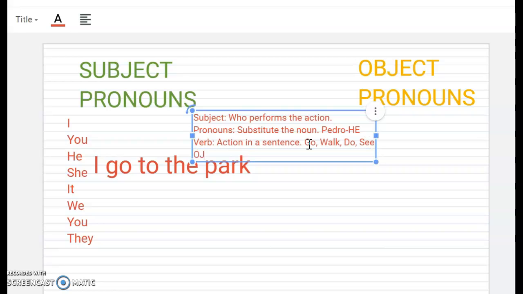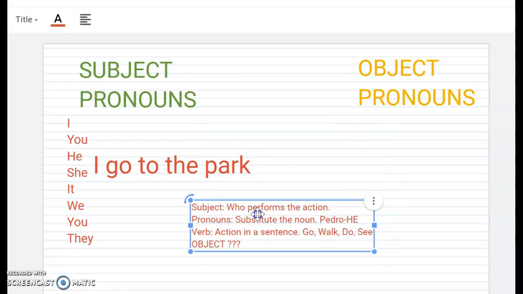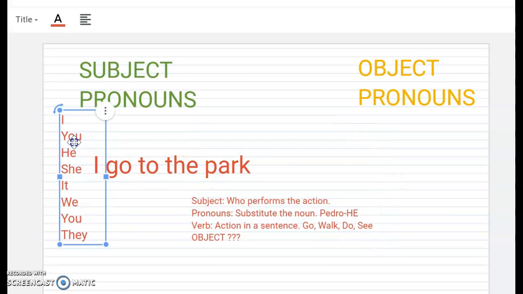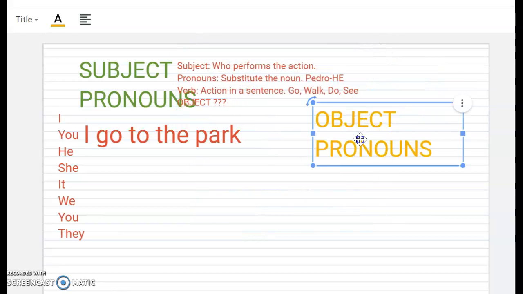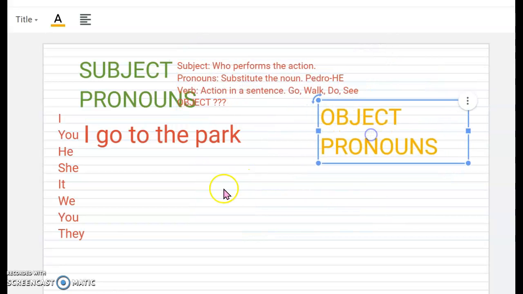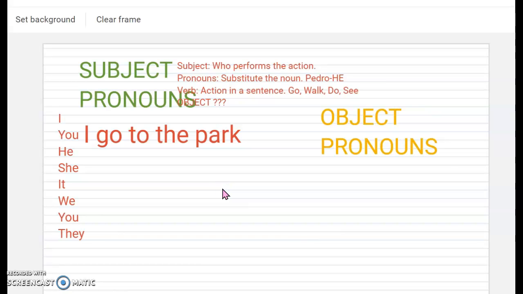But then we have the object of the sentence. So basically, the object of the sentence is the person, the thing, or the animal that is going to receive the action in a sentence.